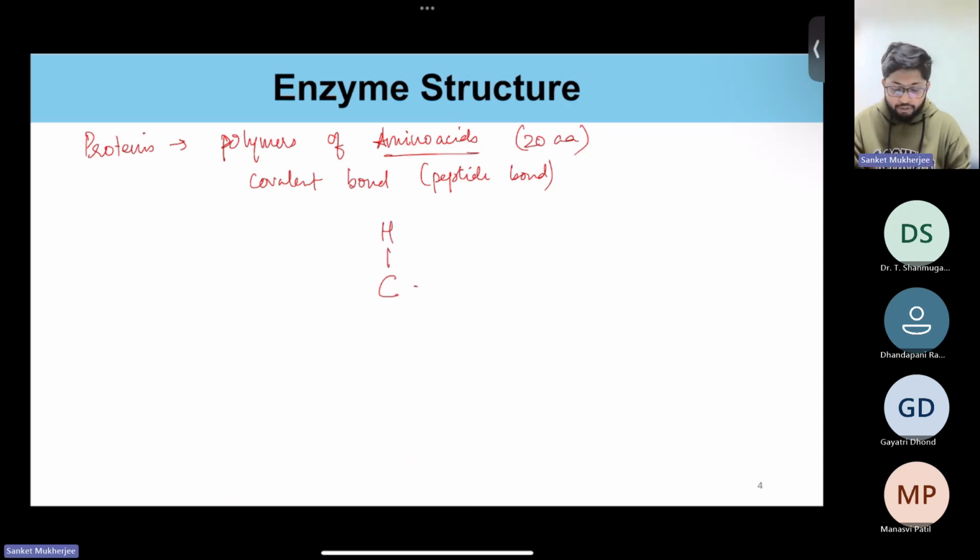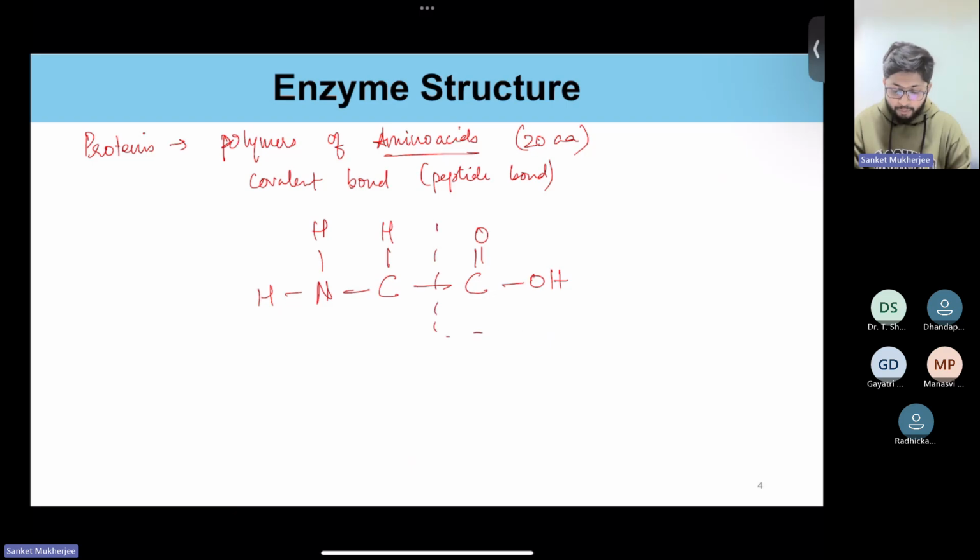There is a carboxyl group, and then there is an amine group.